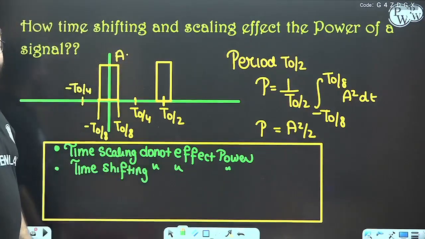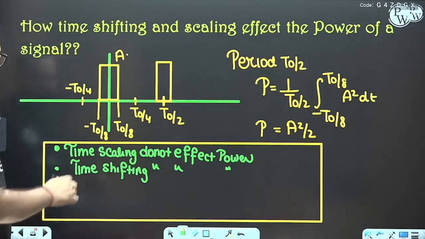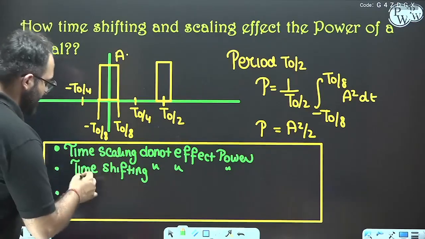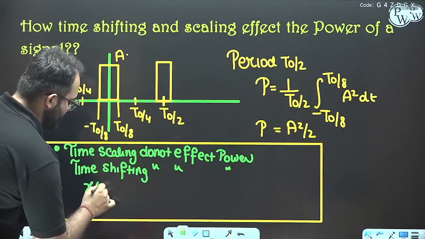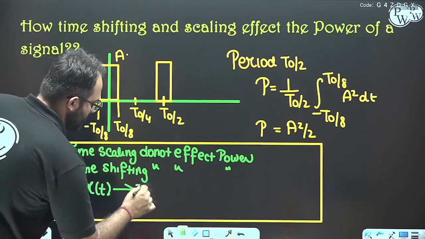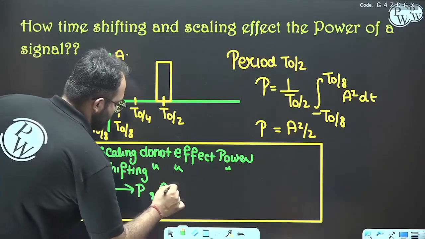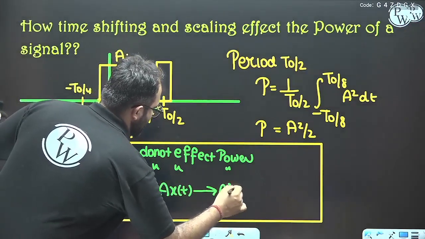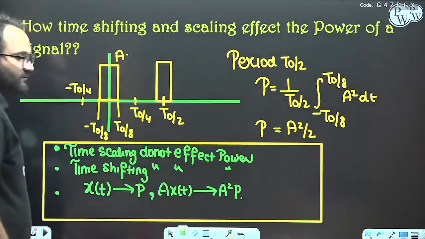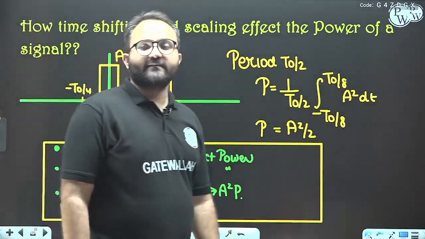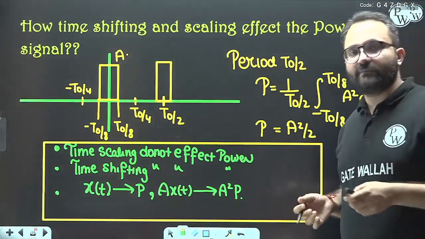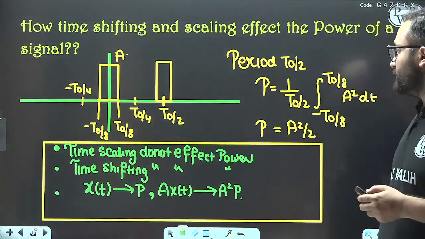Time shifting does not affect the power. And the third point is, suppose x(t) has power P. If we multiply it by a constant A, then the power will become A square times the original value, because when you multiply any signal, the power will get multiplied by the square of that value.